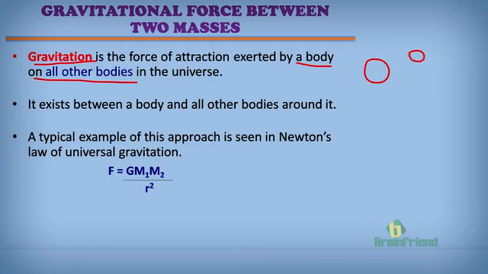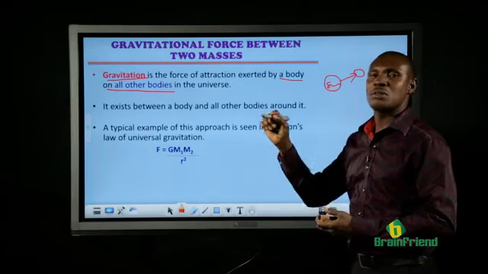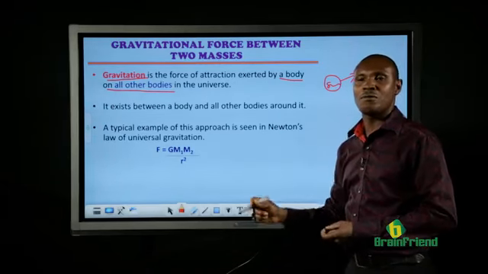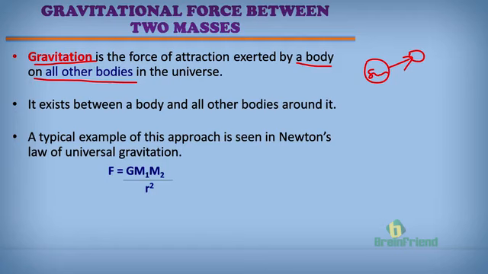Say the Earth is somewhere here. Gravitation is that force that the Sun exerts on the Earth as well as other planetary bodies. Remember, mass must be involved for gravitational force to take place. It exists between a body and all other bodies around it.